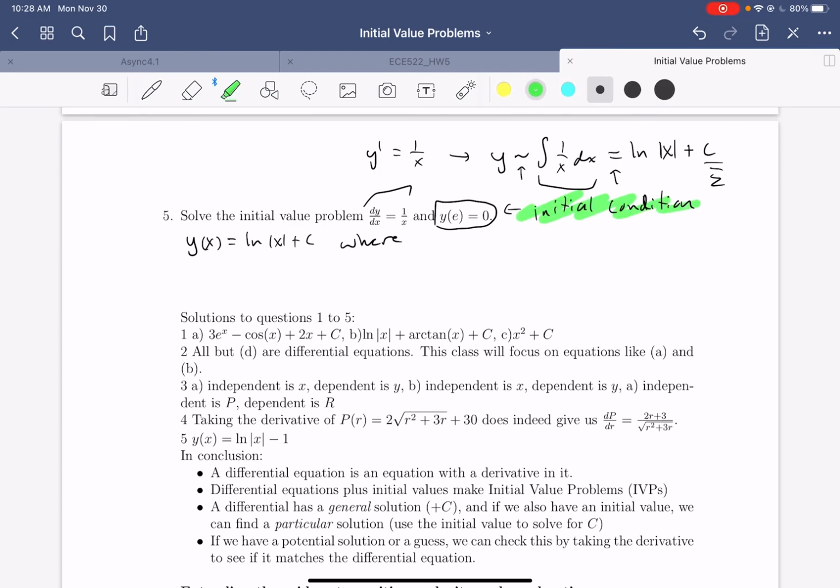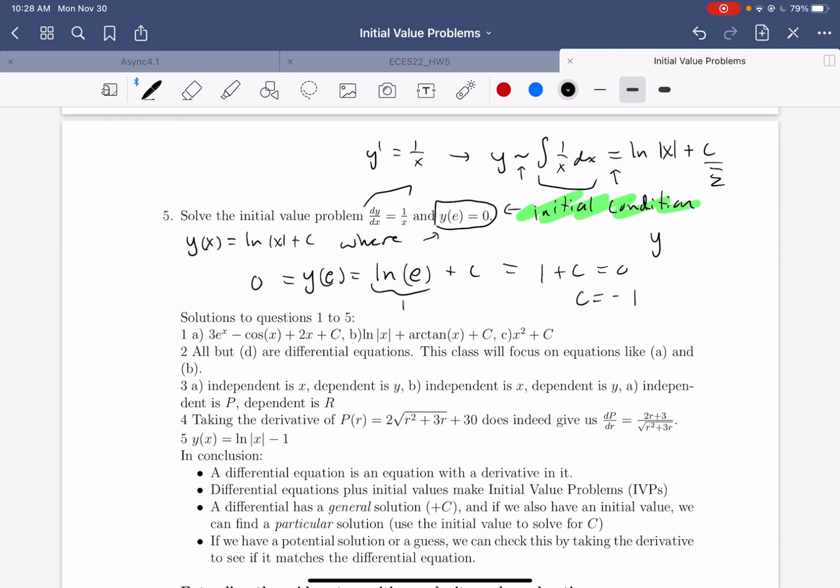And that's how we're going to figure out C. So let's plug it in. y of e is the natural log of e plus c. But on the other hand, that has to equal 0 because we're told it equals 0. Natural log of e is 1. So this says 1 plus c equals 0, which says c is equal to -1.